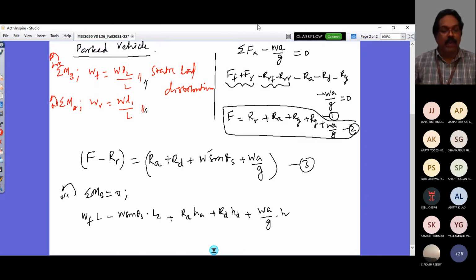What is left? Gradability. That is W sine theta S, the grade resistance force, into H. And the weight component W cos theta S into L2. All of this is equal to 0.